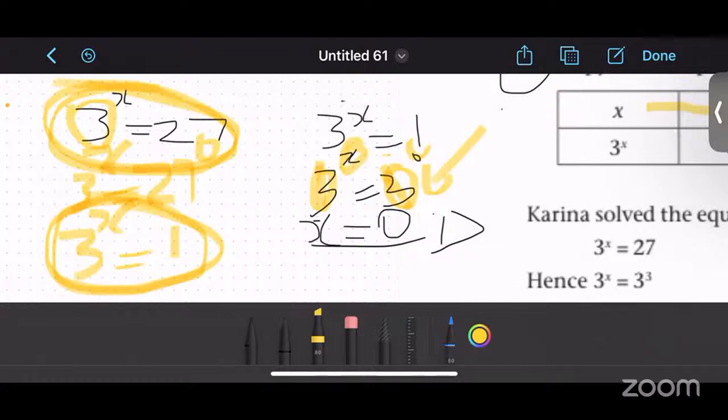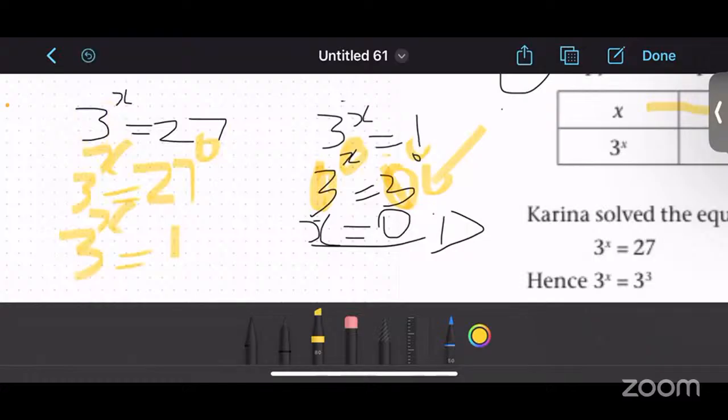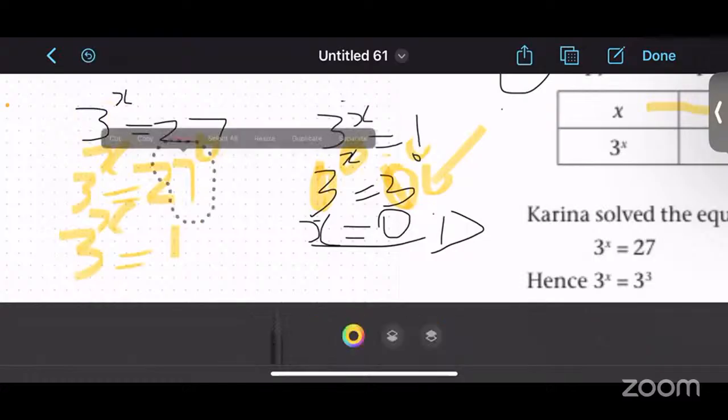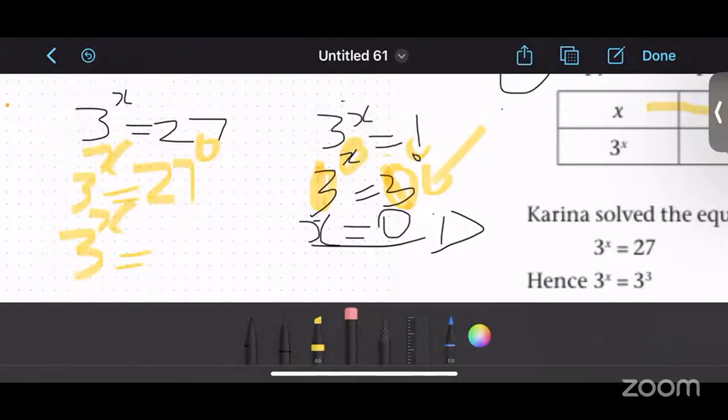The difference is that it's not 27. Perfect. So the difference is that the other one is not 27, and on the original one we have 27. So that means we cannot say 27 to the power of 0.